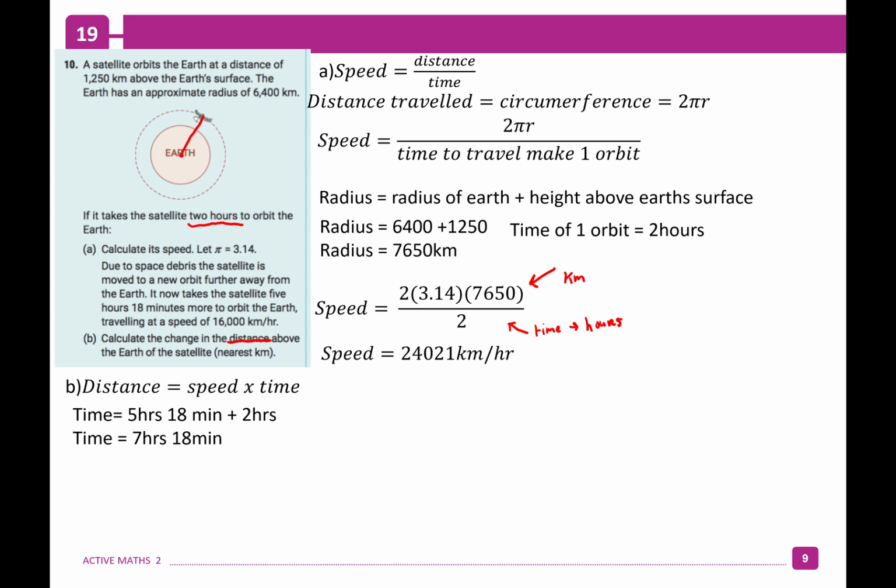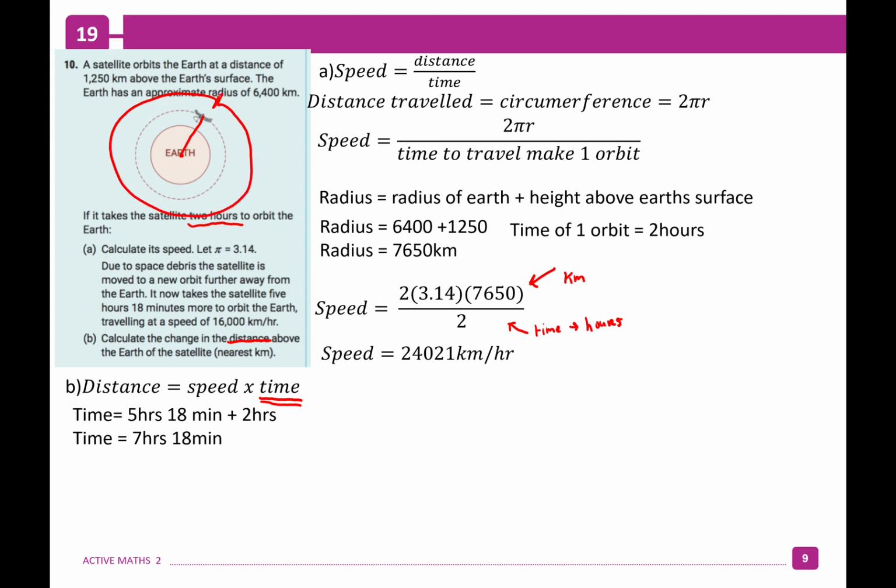All right, we know what the speed is. We need to find the time it takes to travel this distance. So we're told that it takes the satellite 5 hours and 18 minutes more to orbit the Earth. So we have a satellite that's moved further out.